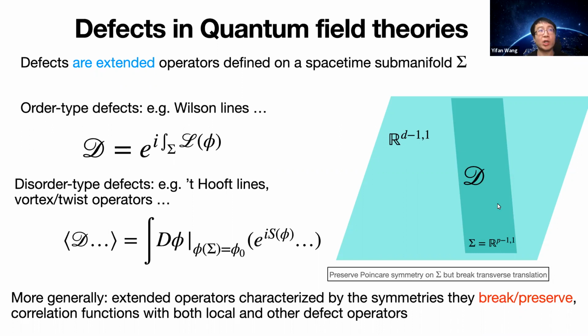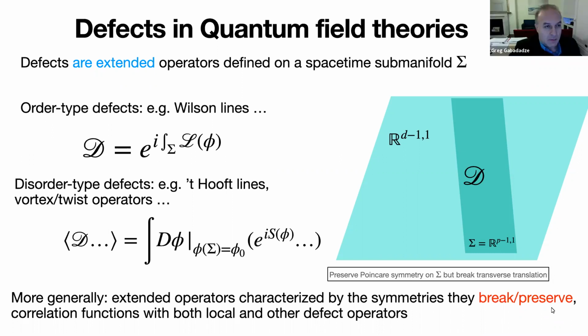Okay, and more generally, the extended operators, say in the absence of the Lagrangian description, can be abstractly defined by the kind of symmetry that they break, the kind of symmetry they preserve, and by correlation functions that involve this defect operator and other local operator insertions, and potentially other defect operator insertions as well.